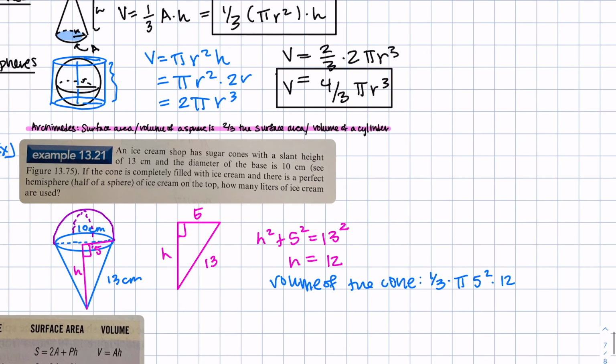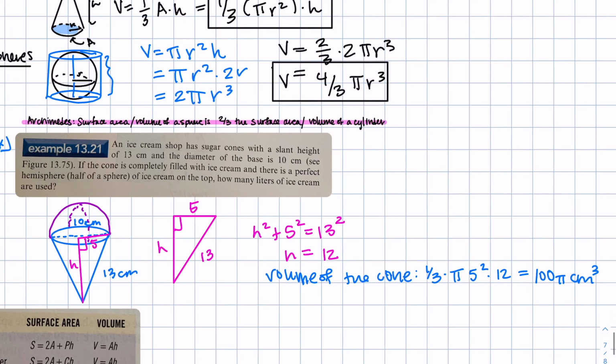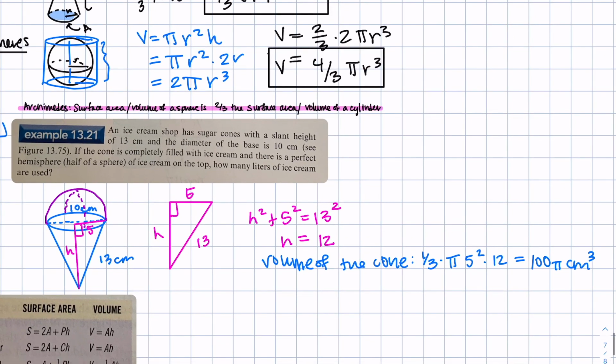Okay, and so simplifying this, I think we should get 100 pi centimeters cubed when I put my units in, because these units were centimeters, and we are talking about a three-dimensional measurement of volume. Okay, so that's the volume of the cone.